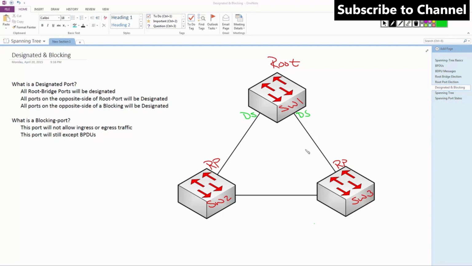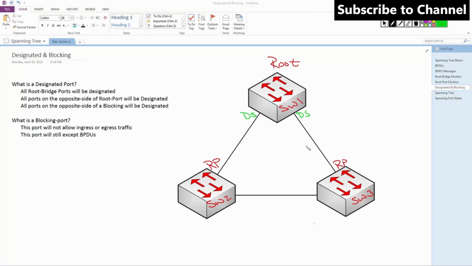Take a guess. I still need to know about BPDUs. And if I don't get information on BPDUs, I'm going to think that something's going on and act accordingly. But at this point, just keep in mind that those blocking ports will be accepting BPDUs, but not be forwarding traffic or sending traffic out that port or bringing traffic in.